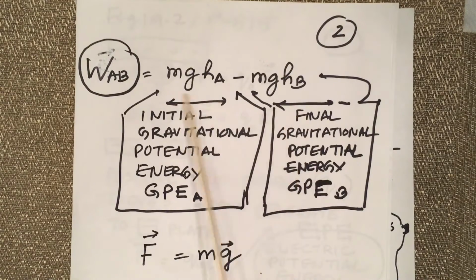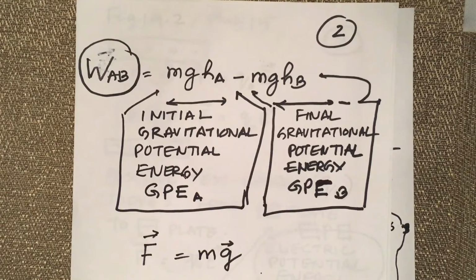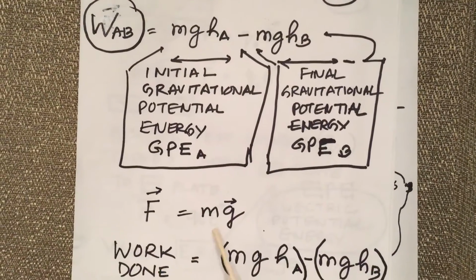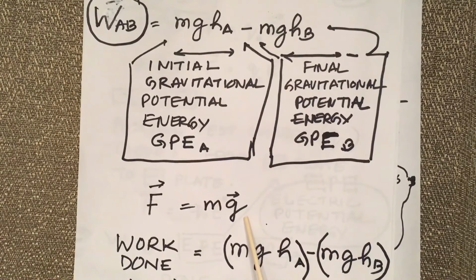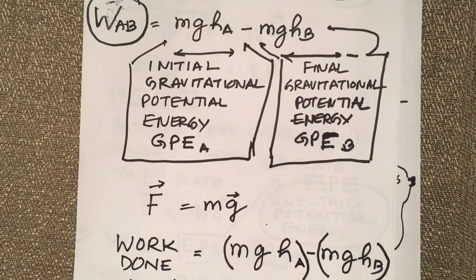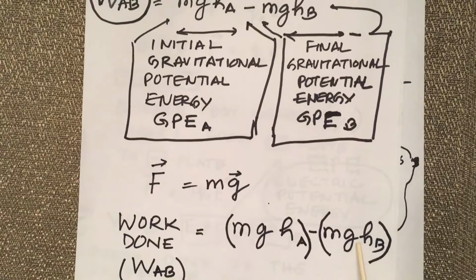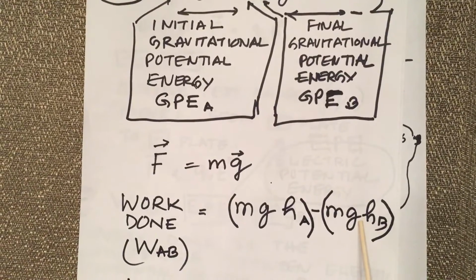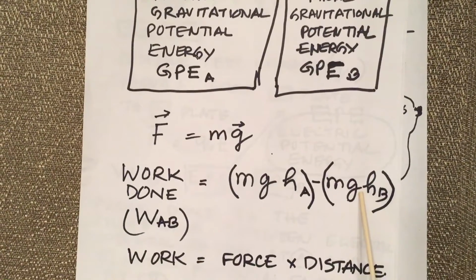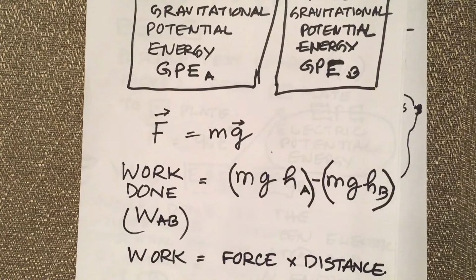So the difference of these two will give you the work done. Again, force is mass times acceleration due to gravity, which is Newton's law. Work done is the difference between these two gravitational potential energies.